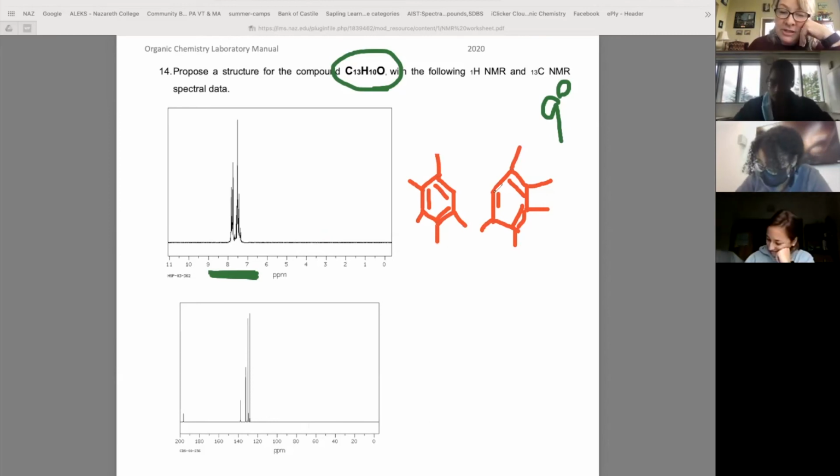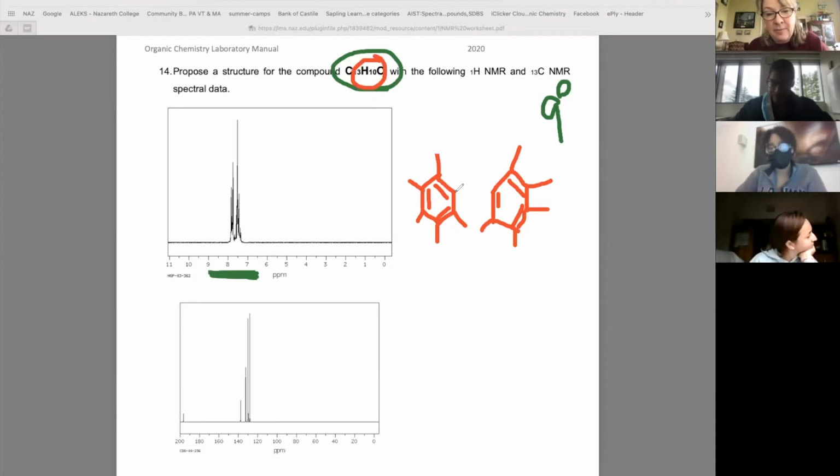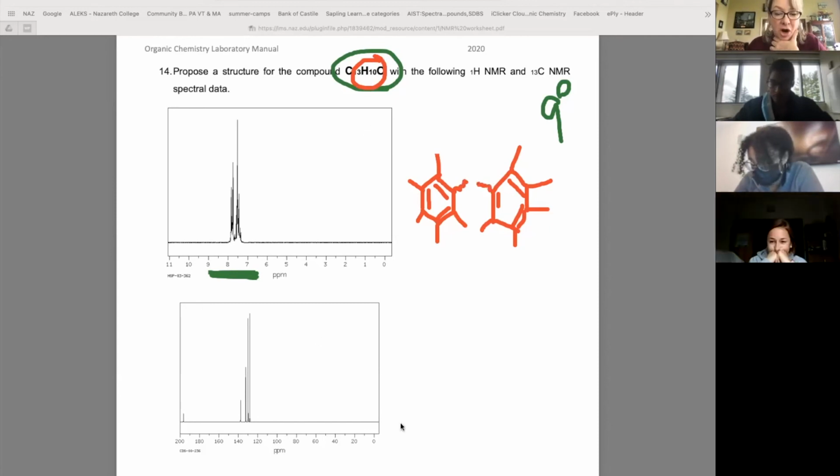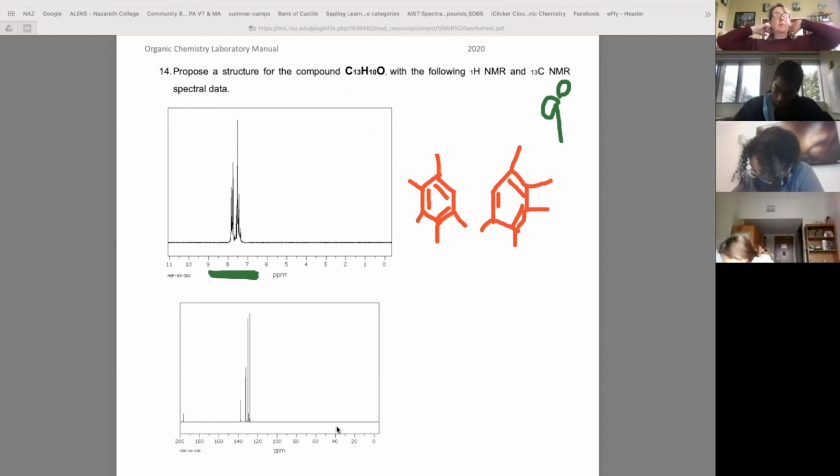So we have 1 space left on each benzene ring because there's only 10 hydrogens and there's 6 carbons. So I need something here and I need something here. And what are we missing in terms of carbon? That 1 carbon. We have 1 carbon and 1 oxygen and we have 1 degree of unsaturation. How could we put a carbon and an oxygen and 1 degree of unsaturation on this molecule? Carbonyl.